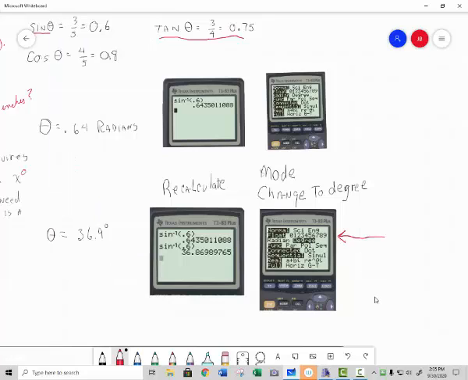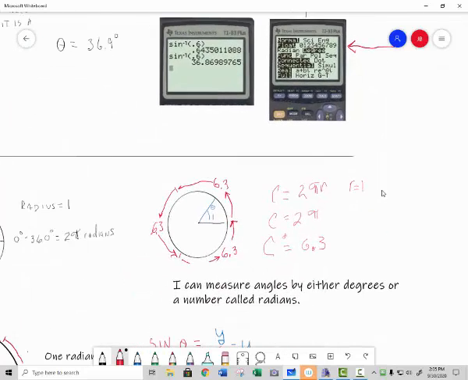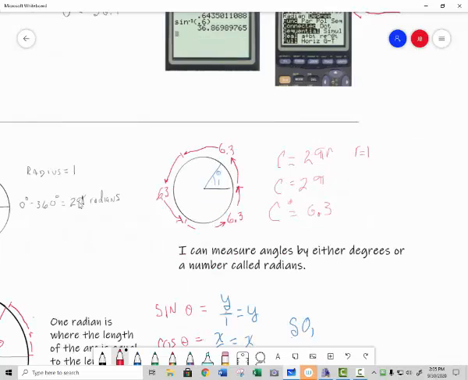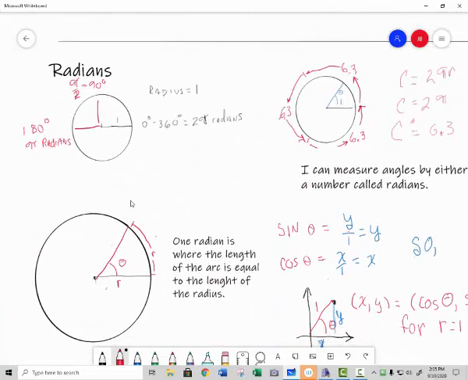Alright, let's talk about radian measure. What does that mean? Well, if I have a circle with a radius of 1, here's my radius right here, and the radius is 1.